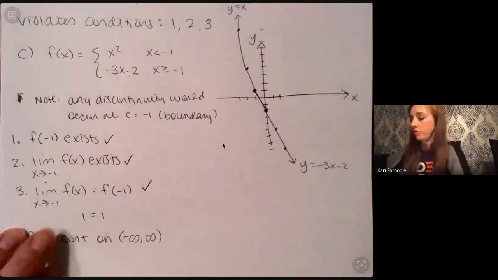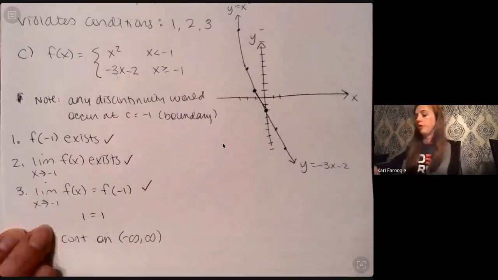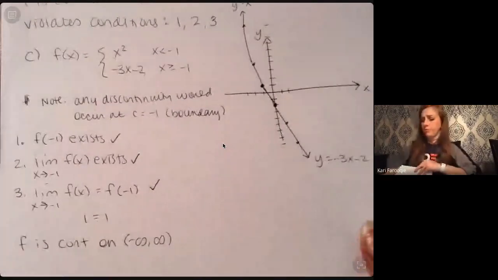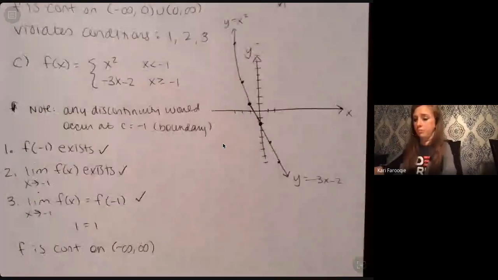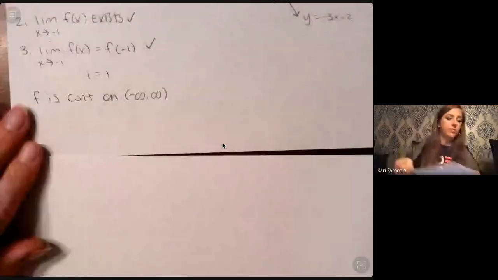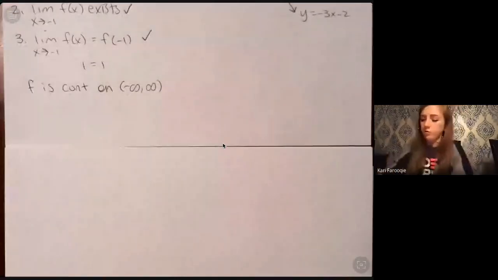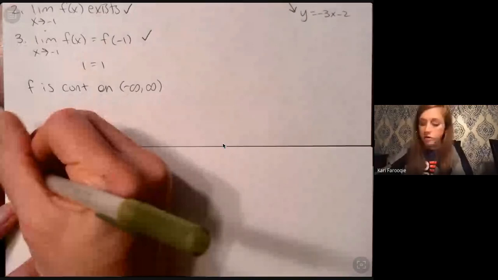Let's do one more piecewise function and talk about continuity a little bit more with piecewise functions. So the last one for this is D. The function we're going to define in two pieces.